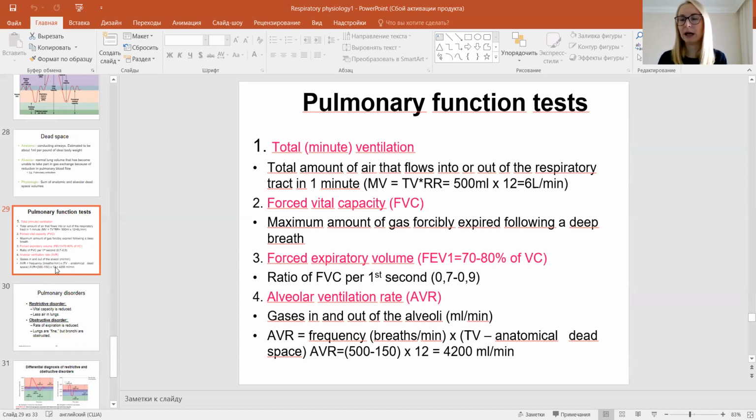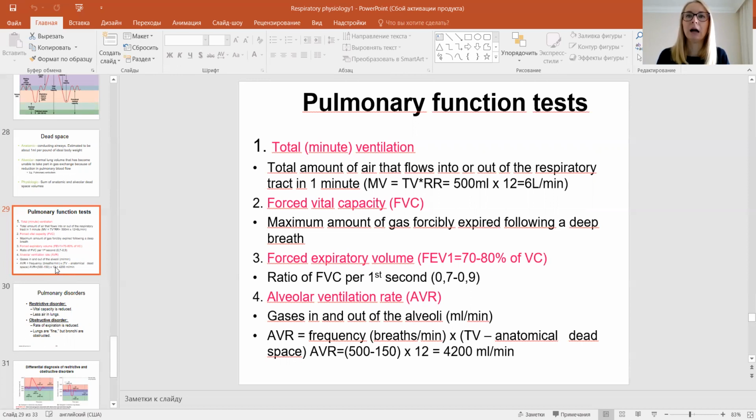People with obstructive lung disease typically have this parameter less than 80% of the vital capacity, because it is difficult for them to exhale air rapidly through the narrowed airways. Restrictive lung disease, in contrast, is characterized by a reduced vital capacity, but normal FEV1.